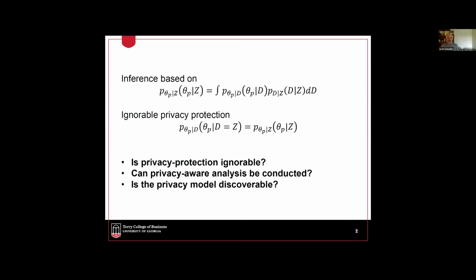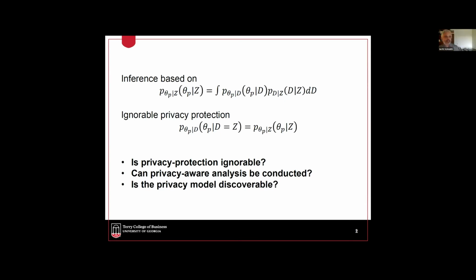So in that case, we would be doing inference on the posterior distribution of the process parameter given the published data, which again, we could obtain by just integrating over the posterior distribution for the process parameter given the true data, and the posterior predictive distribution for the true data given the published data.